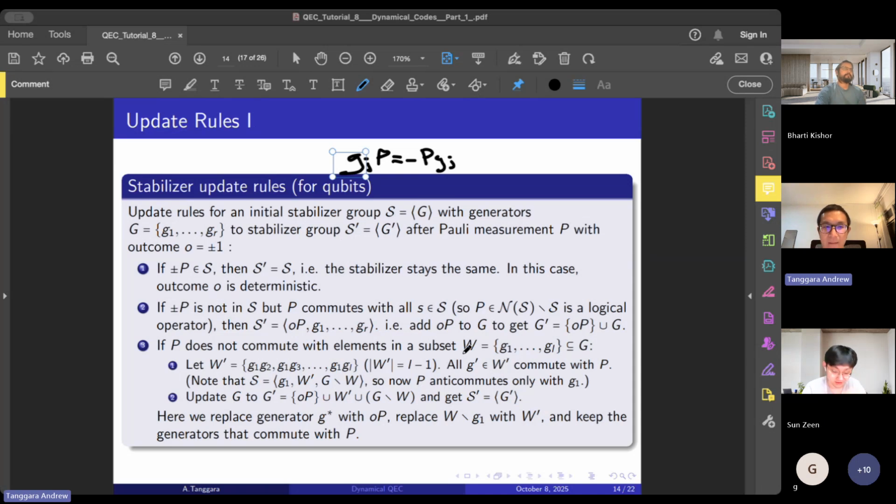So all generators that anti-commute with P, I put those in W. So I collect all of them. So the rest of G commutes with P. Okay, cool. Thank you. So that's clear, right? If I put this G1 there and G1 there, that's going to cancel out this negative sign.